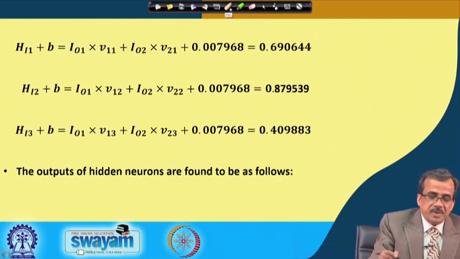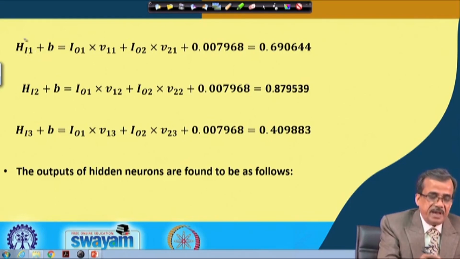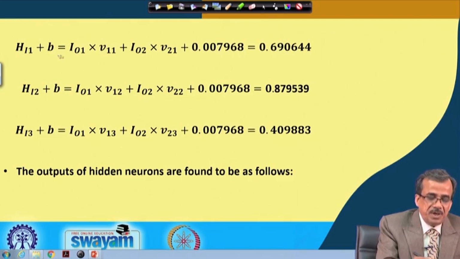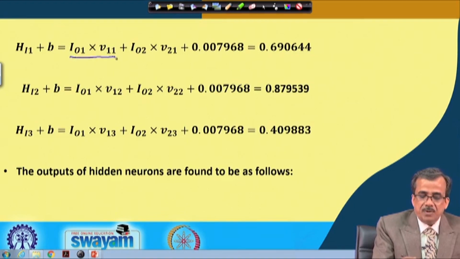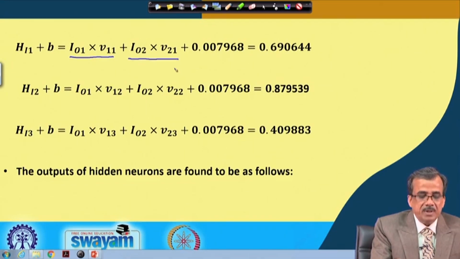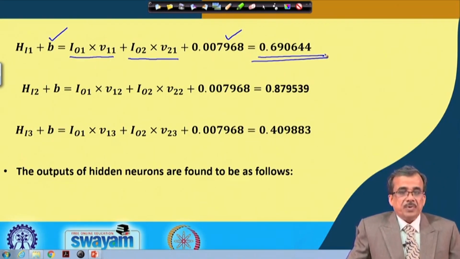So, this HI1 is the input of the first neuron lying on the hidden layer, and I am also adding some bias value B. So, HI1 is nothing but I01 multiplied by V11 plus I02 multiplied by V21 plus the bias value. So, I will be getting this particular input.